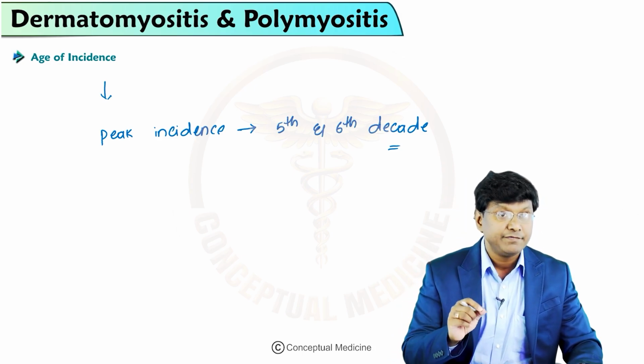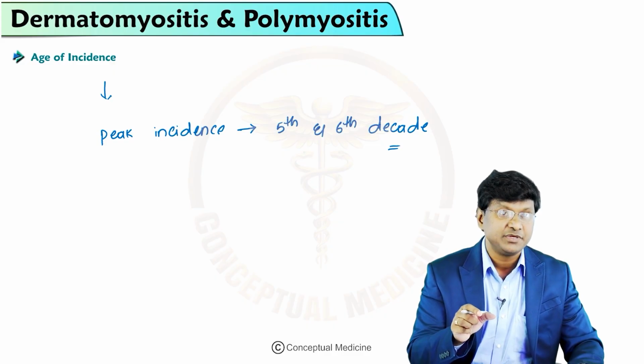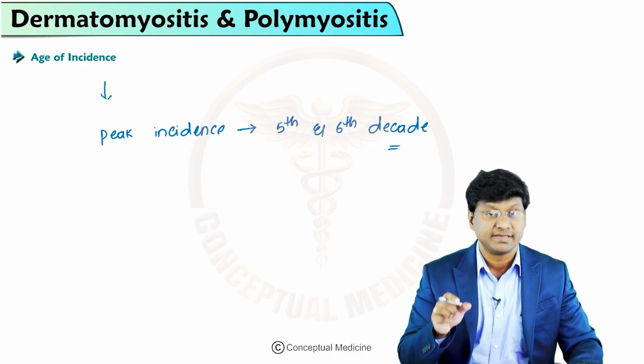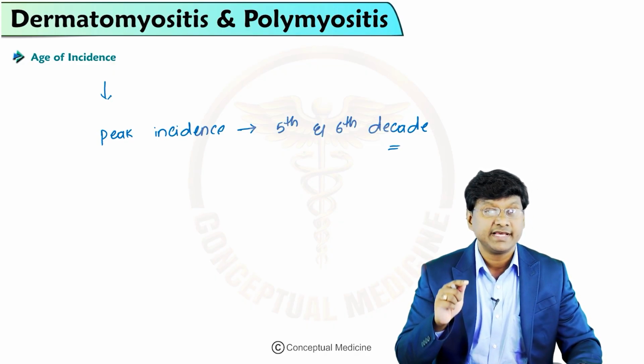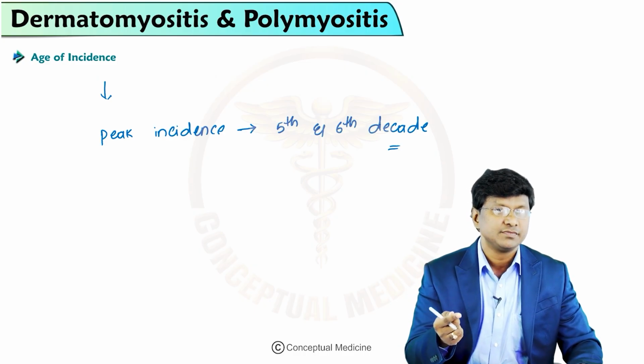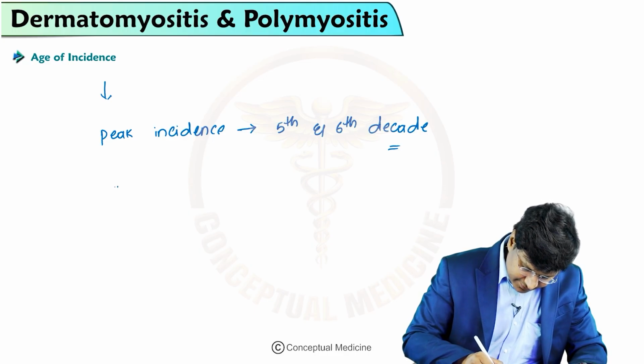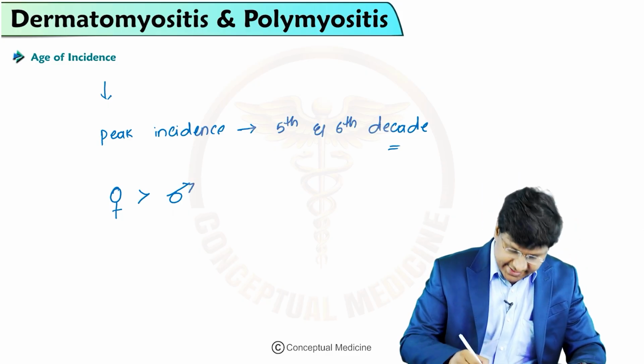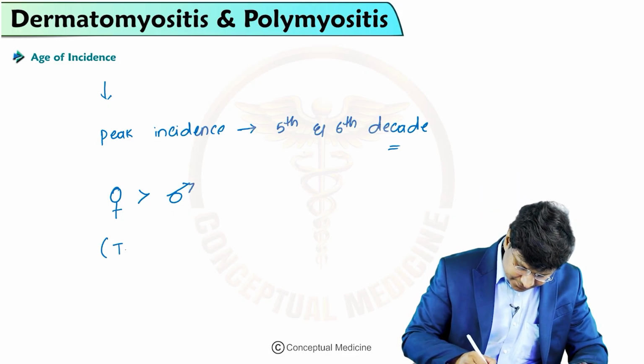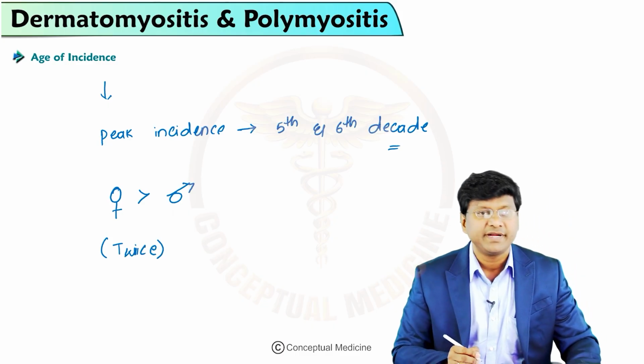And if you take the incidence between women and men, women are affected twice as commonly as men. So in women, the incidence is almost twice compared to that of men.